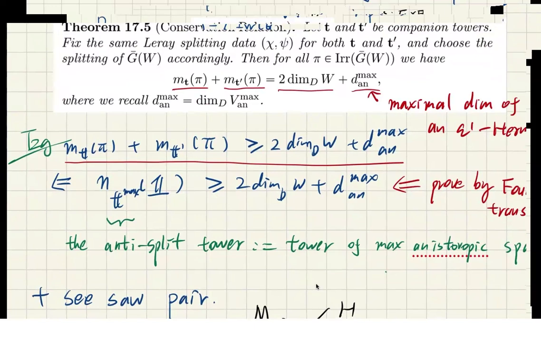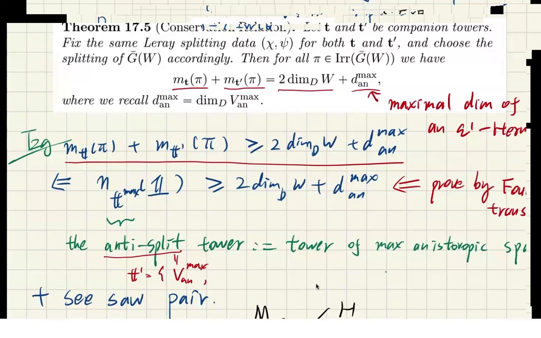This inequality is a consequence of the trivial representation for the anisotropic tower, something called the anti-split tower, which is a Witt tower such that its anisotropic kernel is the maximal anisotropic space.